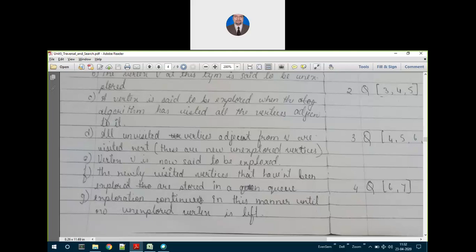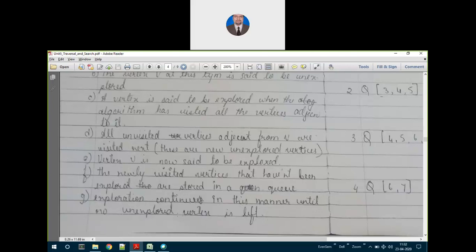The newly visited vertices that haven't been explored are stored in the queue. Yes, we were storing all the newly visited vertices in the queue. Exploration continues in this manner until no unexplored vertex is left.